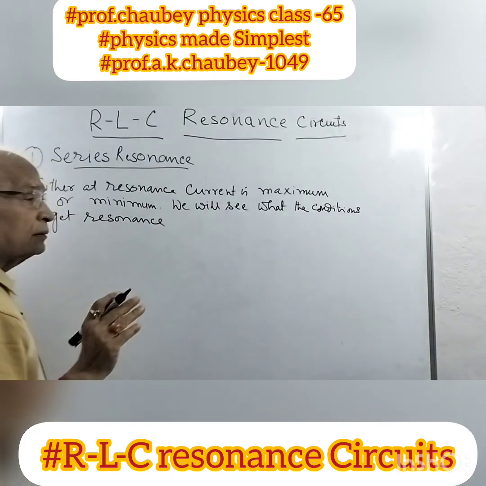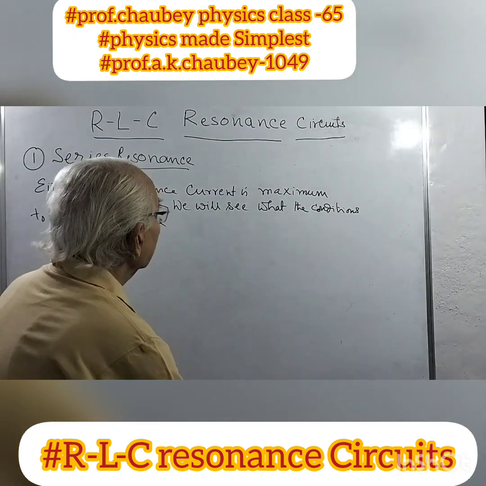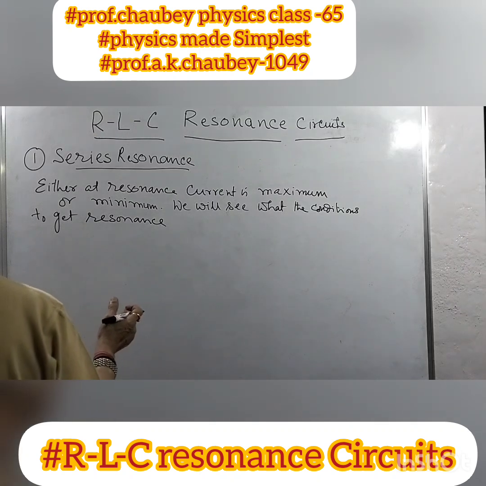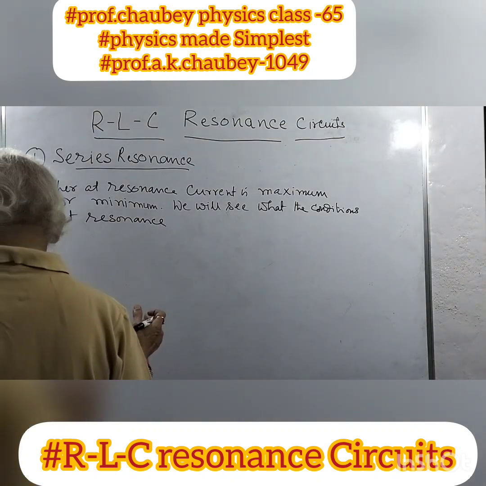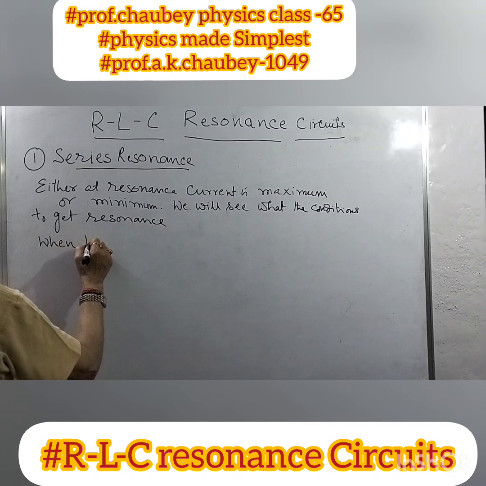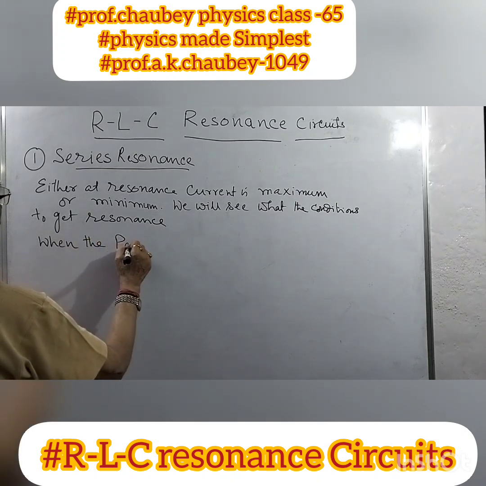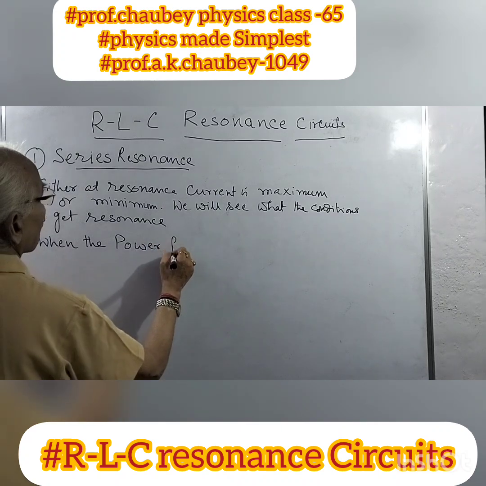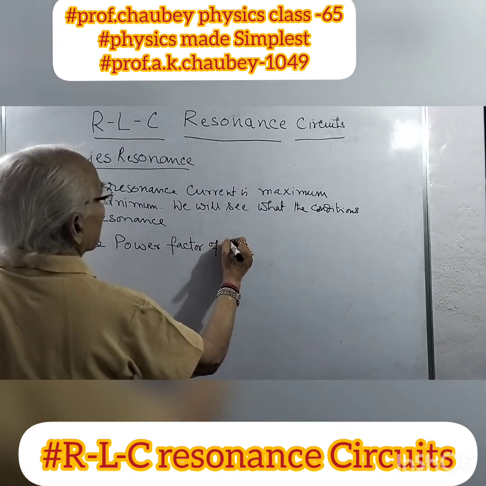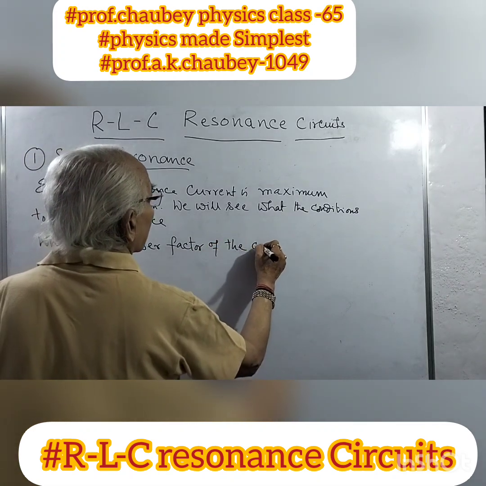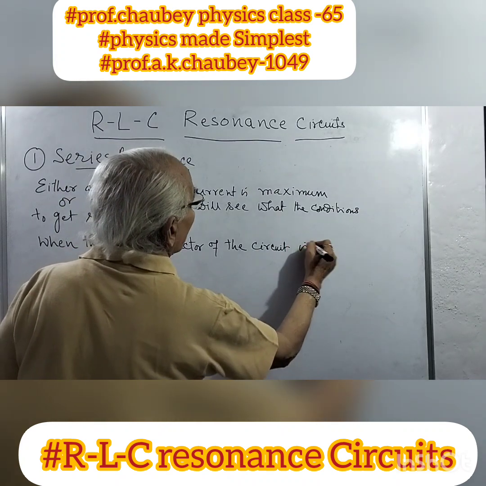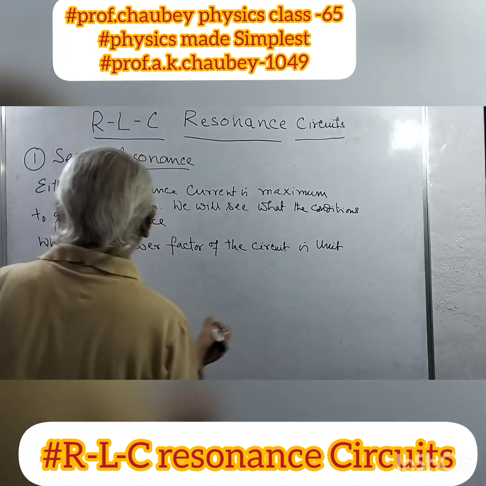Also see, resonance means, as I told you, that there are two types of resonances. One is series. So series resonance means when the power factor of the circuit is unity, means 1.